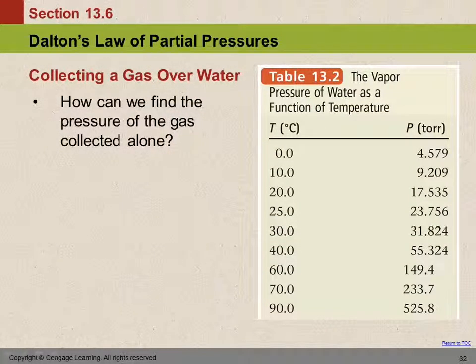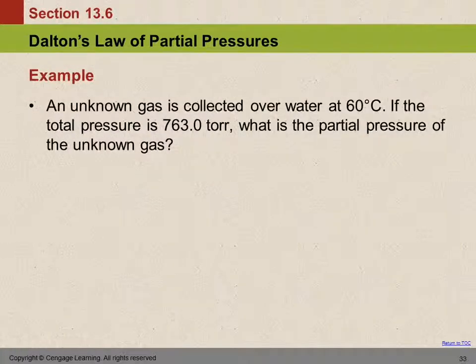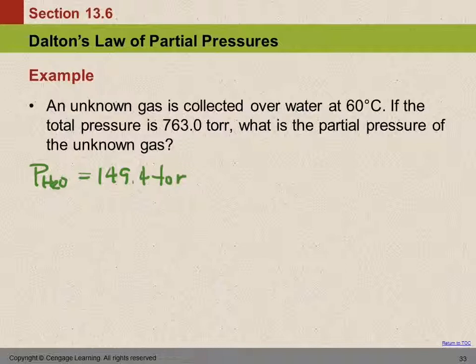Okay, so here's the table that we need. The temperature was 60 degrees. That tells us that the pressure of the water vapor is 149.4 torr. The total pressure from the problem is 763.0 torr.